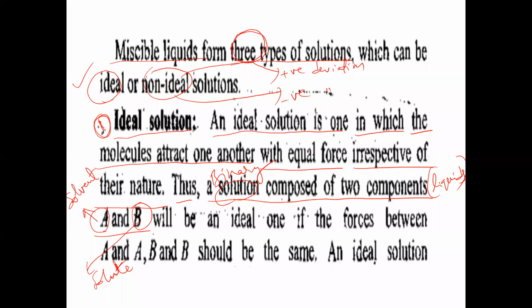Now the binary solution composed of two components, that is two liquids, liquid A and liquid B, will be an ideal one if the forces between A and A, and B and B are the same as between A and B. So AA interactions must be equal to BB interactions.